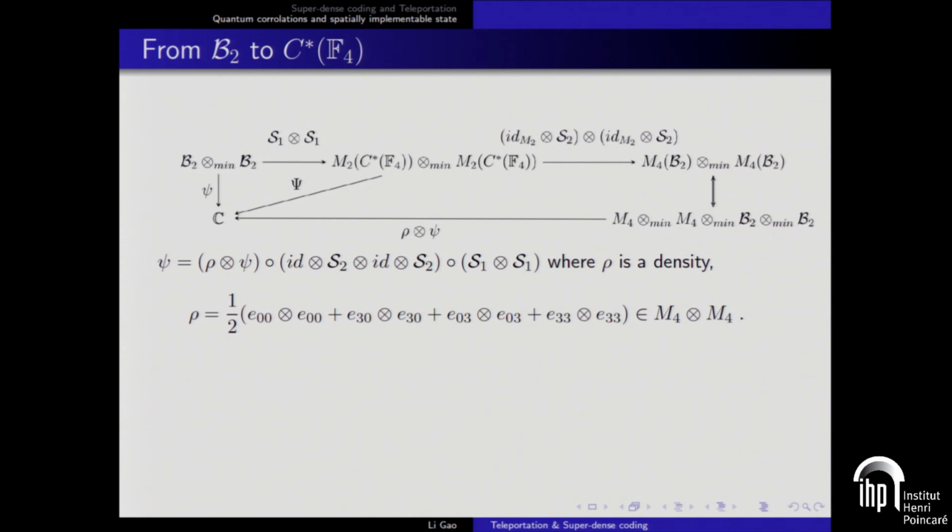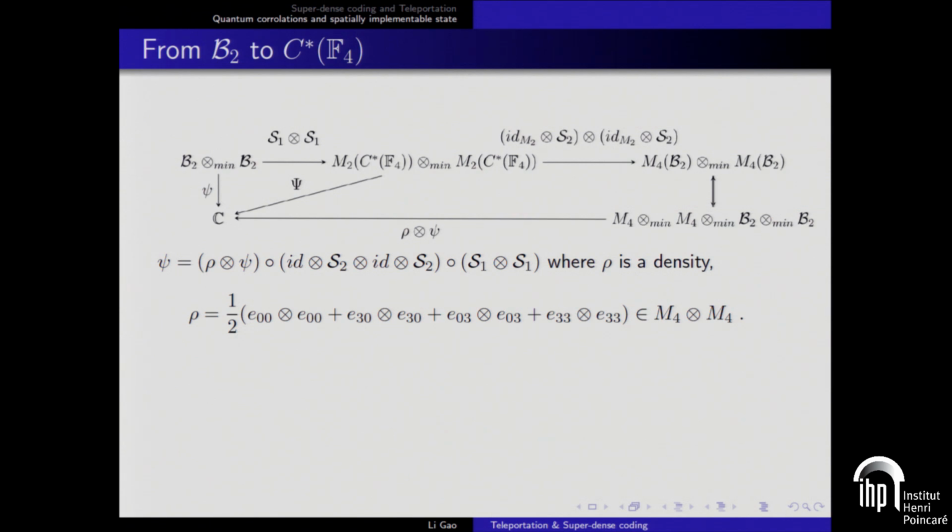Here we have the non-spatial state. Then the first row is the homomorphisms from the superdense teleportation and the superdense coding. We observe that these states factor through all the way here in a tensor product state form.